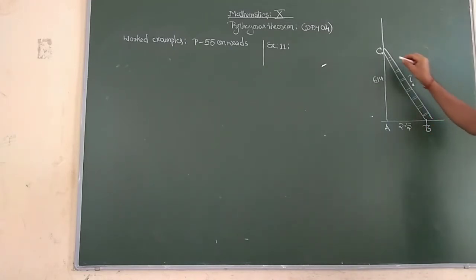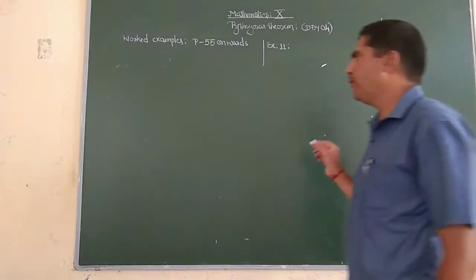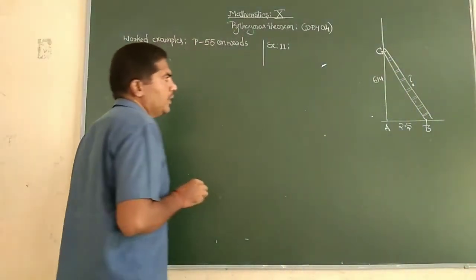When you put the ladder, the top of the ladder will touch the window, which is 6 meters high. Now you are supposed to find the length of the ladder. This is a Pythagoras related question. You can imagine a right angle triangle. So first, you are supposed to make a rough figure.